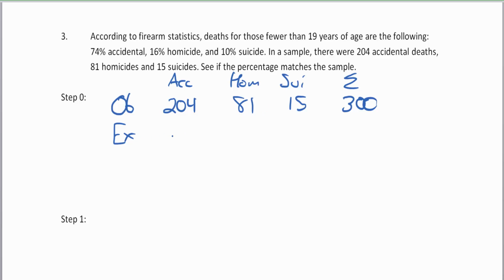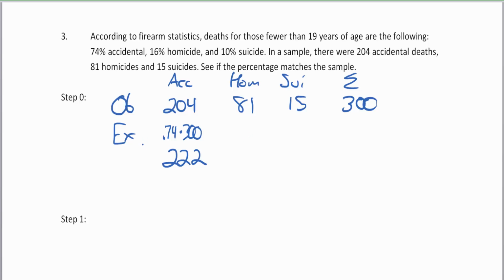So what we would expect is 74% of the 300 for accidental, and 16% of 300 here, and 10% of 300 here. So to get these numbers, we take our percentages and turn them into a decimal, and then multiply them by the number of people in this study. So 0.74 times 300 is 222.